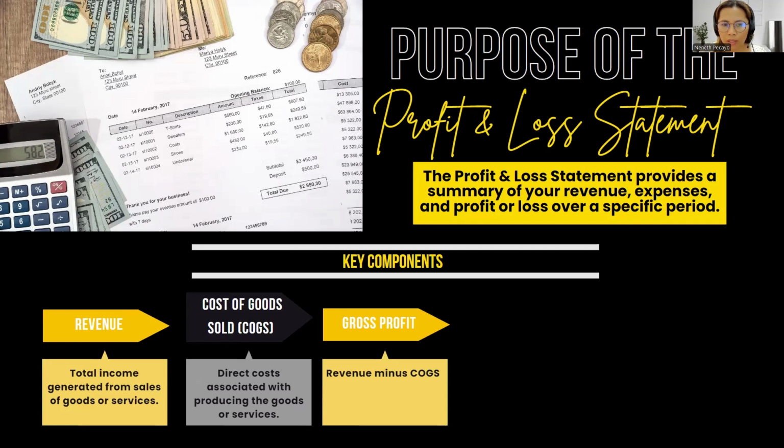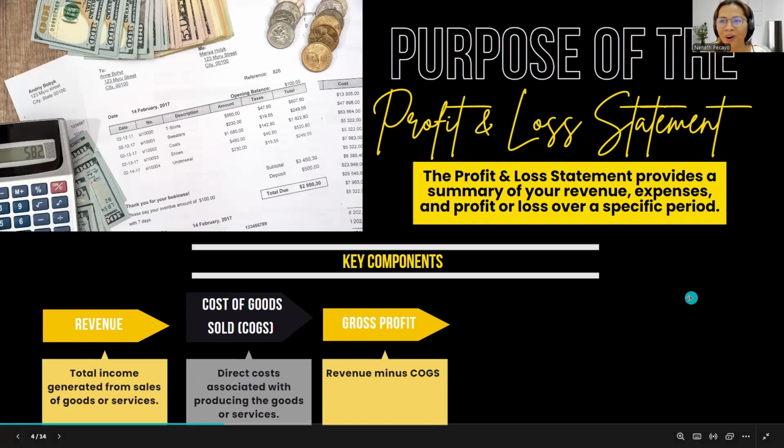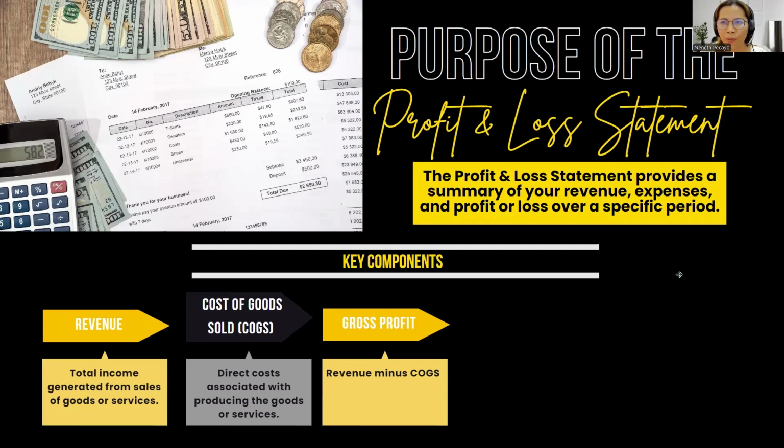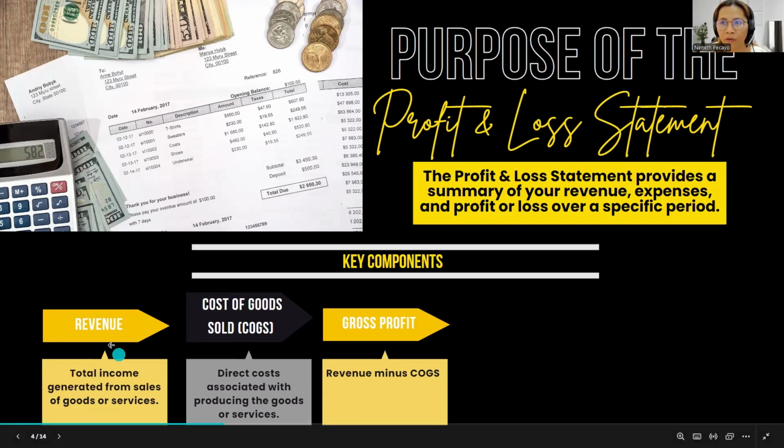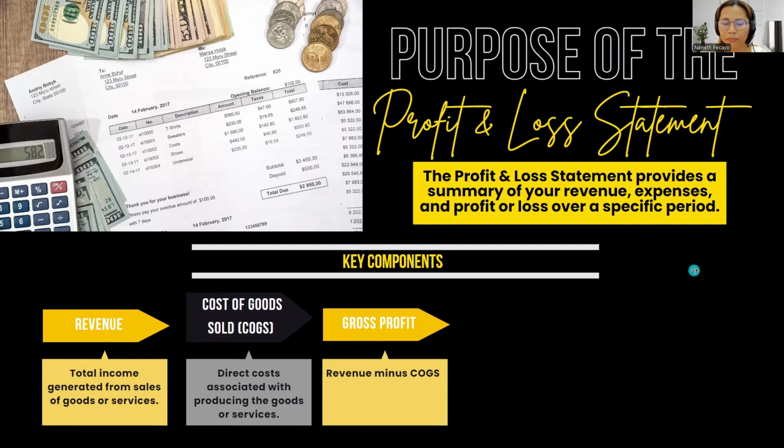For every item that you sell, you will have 25% gross profit for that one. Of course, it will depend on what you sell, how much, and the selling price of this. For example, our ball pen, the selling price of the ball pen.